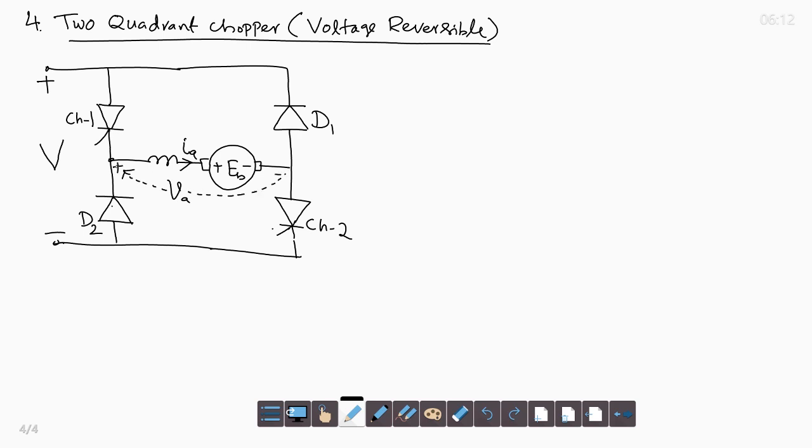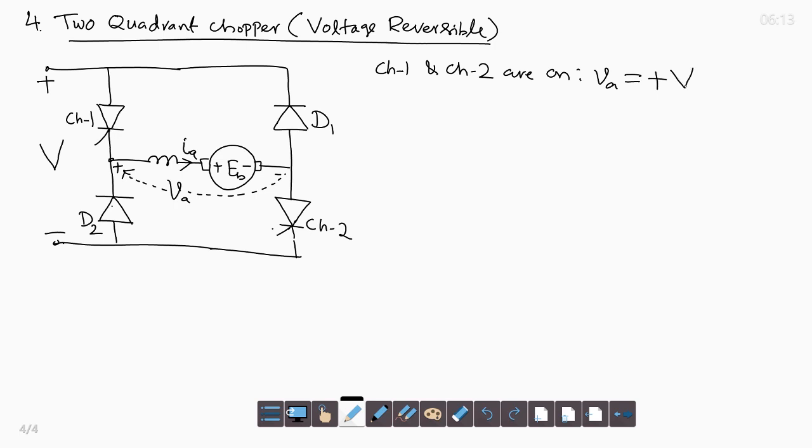This chopper is also a 2 quadrant chopper, but different from the previous one. Here when CH1 and CH2 are on, the motor with the filter is connected to the DC source. So, you have motor voltage VA equal to plus V.